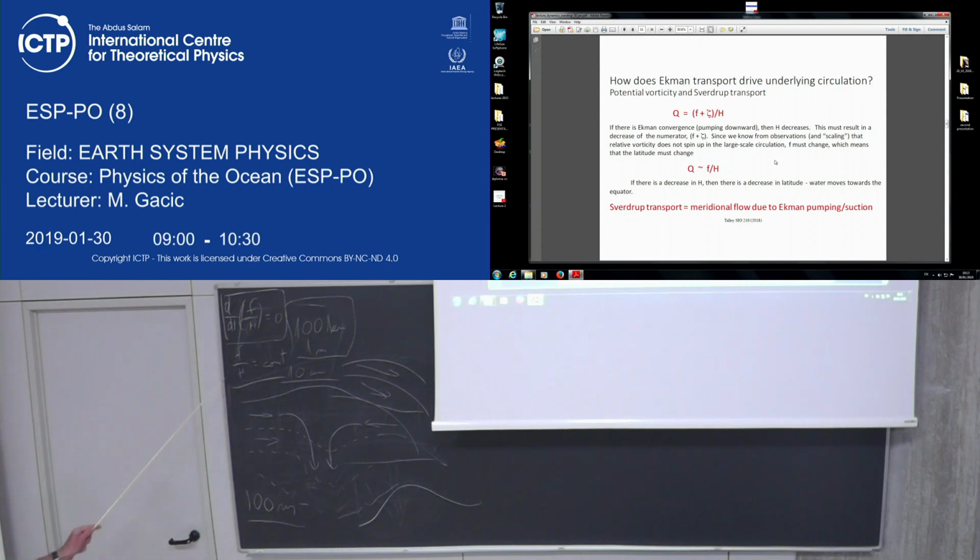Because h becomes smaller, and then f has to become smaller too, and for that reason, the particle will go southward. So that's a very simple example of the fact that we have to keep f over h constant along the flow.